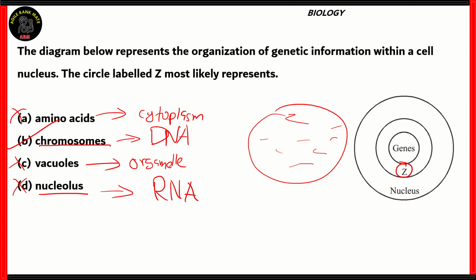That means the genes make up chromosomes, and the chromosomes are inside the nucleus, while RNA is not related to genetic information, while DNA is genetic information which goes on from parent to child. So option B, chromosomes, is the correct answer for this question.